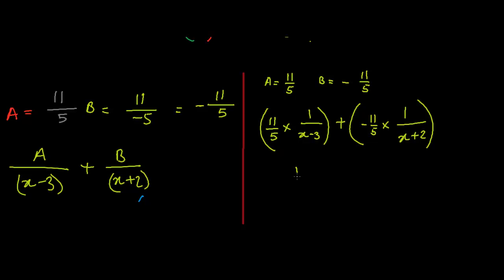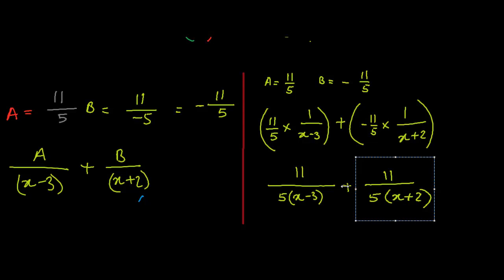So what you get is 11 over 5 x minus 3 plus negative 11 over 5 x plus 2. Let me just get rid of this minus over here. Makes things simpler. Yeah?